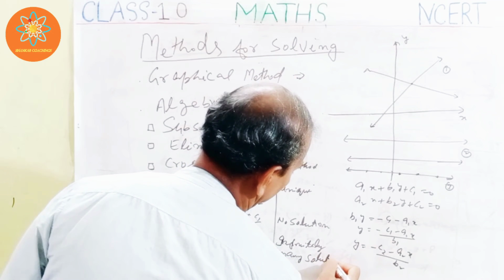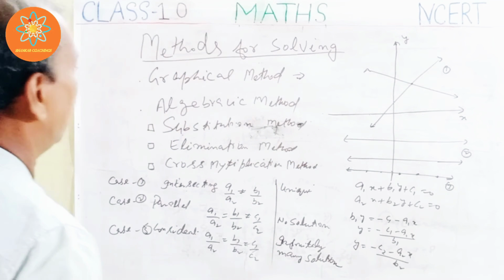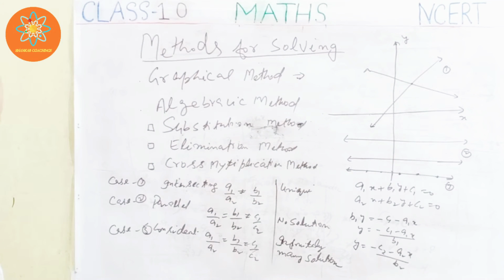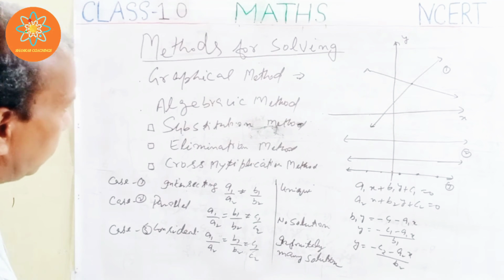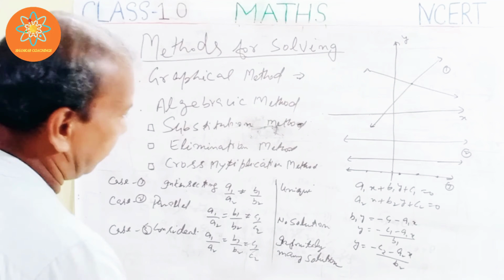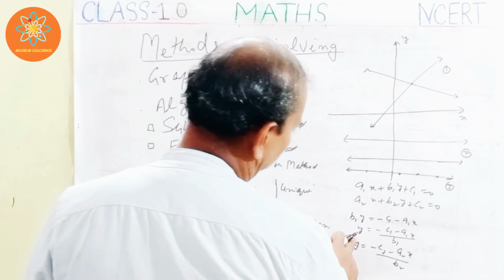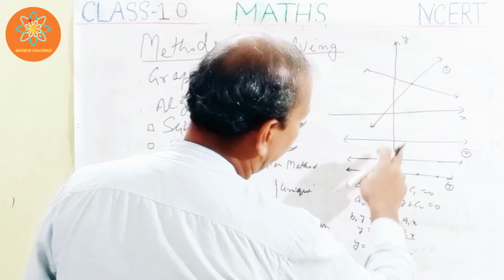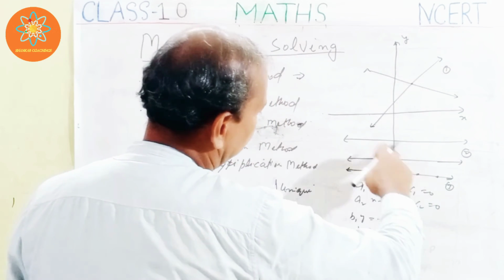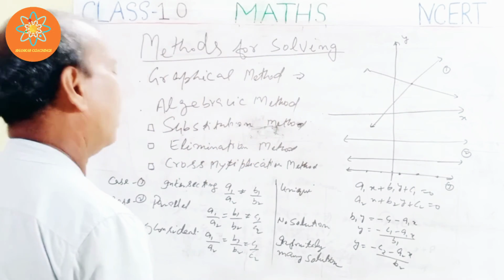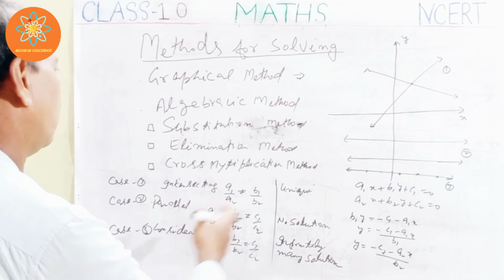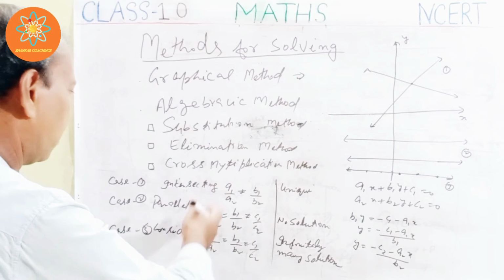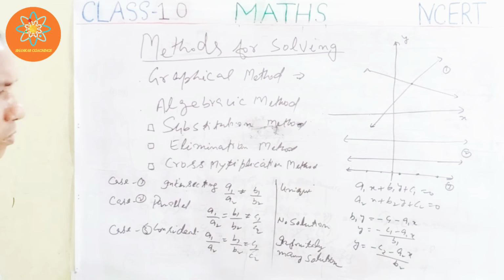So this is all about your algebraic method. For drawing the graph, you have to write the equation in terms of y, and after plotting the graph, seeing that graph, you can divide the nature of the graph into three possible ways: intersecting, parallel, and coincident.